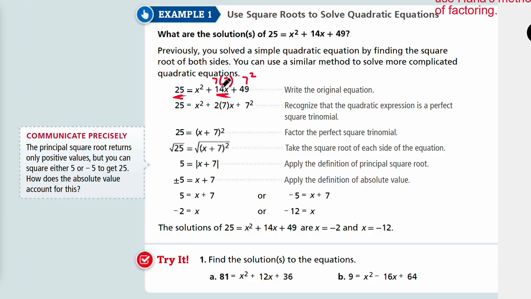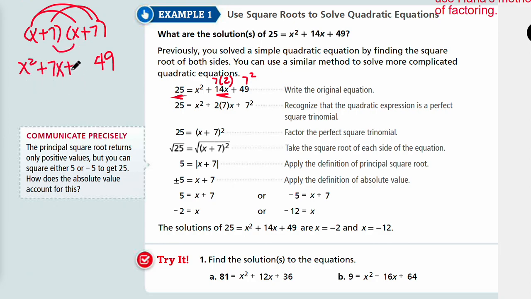Why is 7 times 2 important? Because if you multiply them out, you want to find a number that is a multiple of the numbers here, and you're going to multiply that, which is x squared, multiply that, 7x, and that, right? So you're going to have 2 7s.